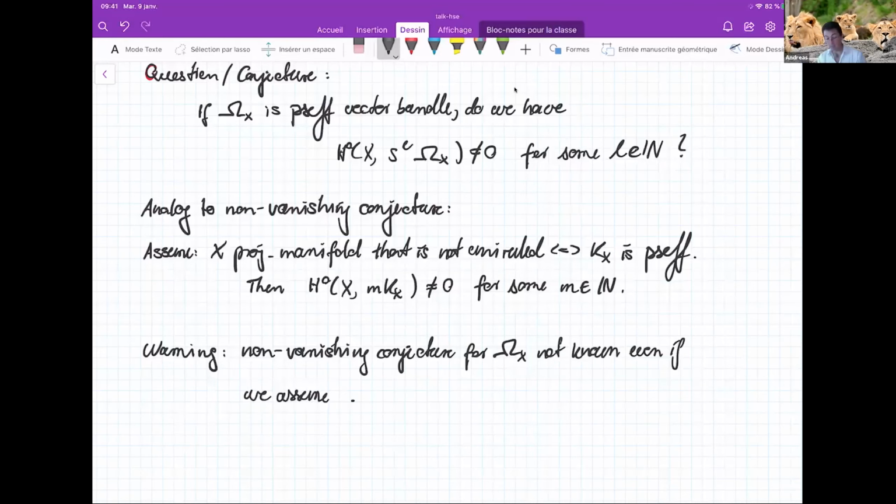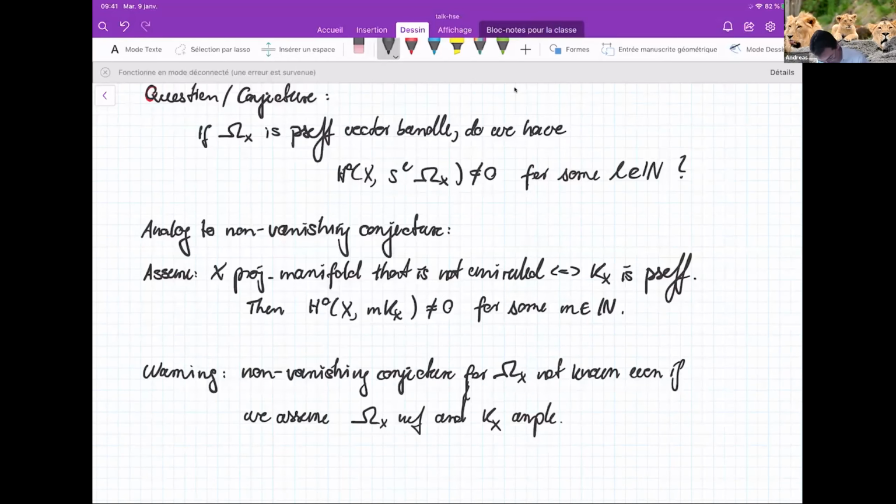So even if I assume something which should make life much easier, this is not known. So it's definitely not known. It is known in some other special case.